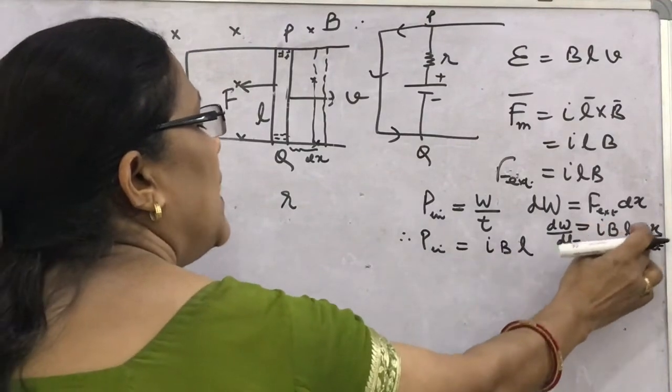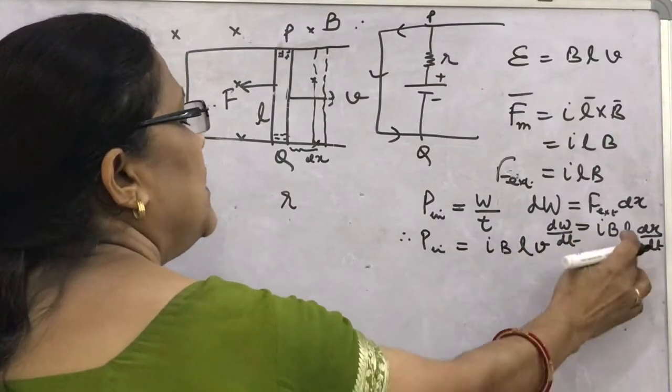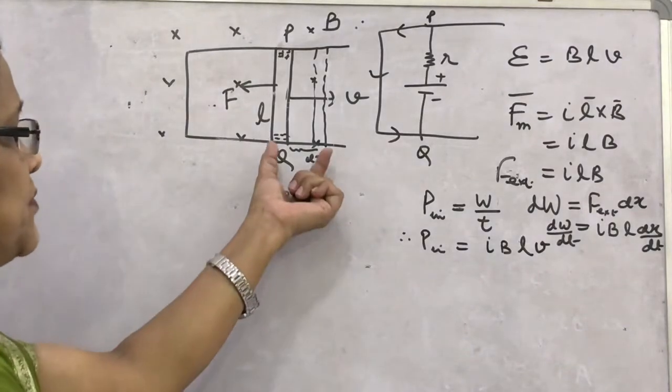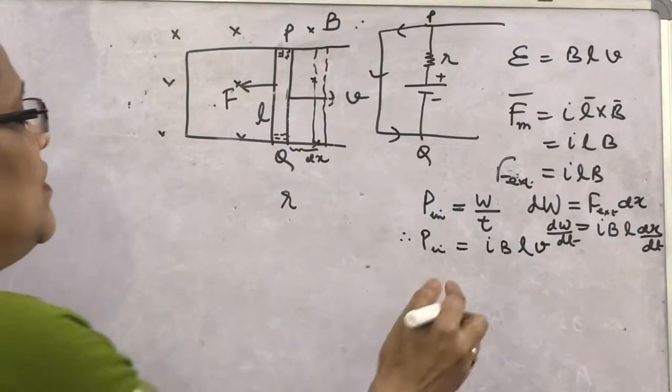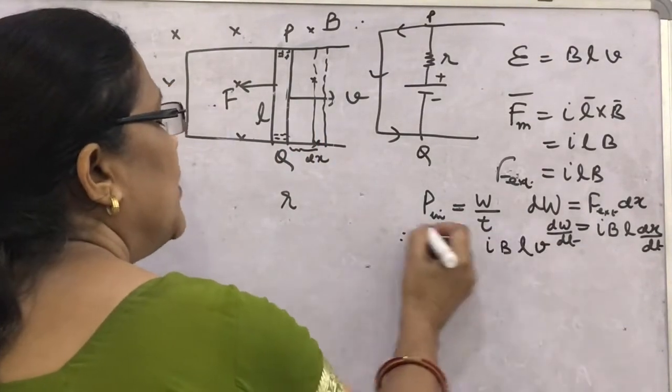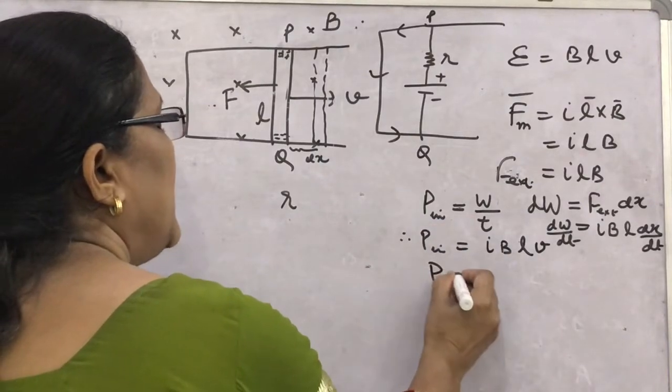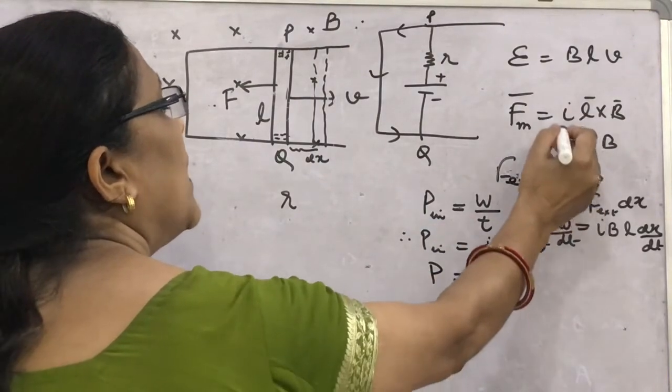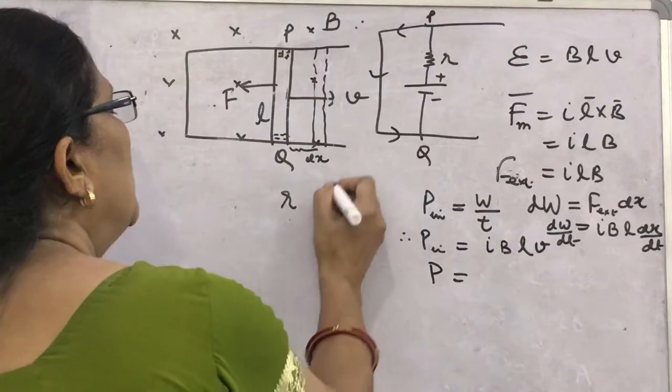So I B L into V, since dx by dt is V, the displacement dx in dt time. This is the power input, and in place of I we have seen what the amount of I is.